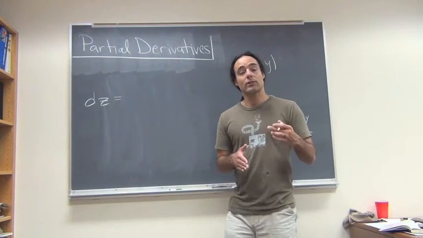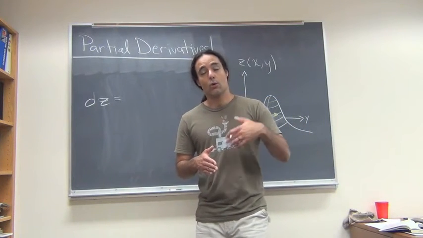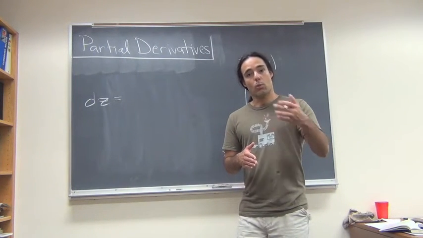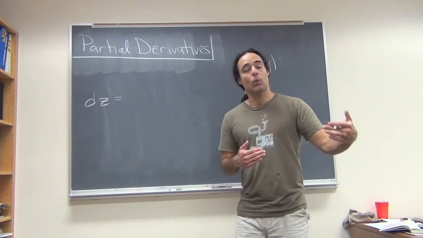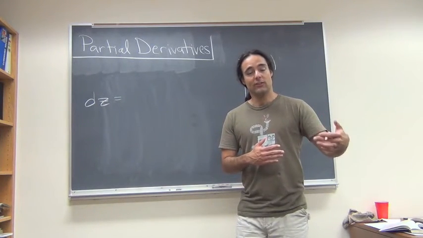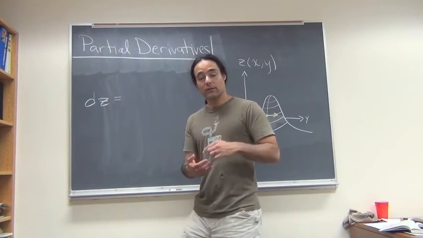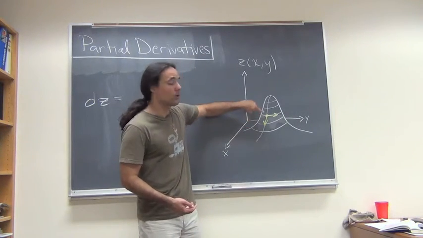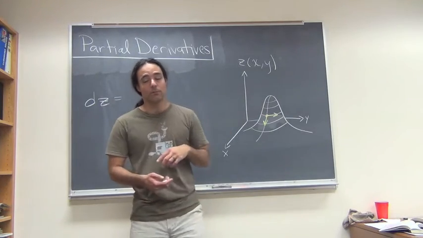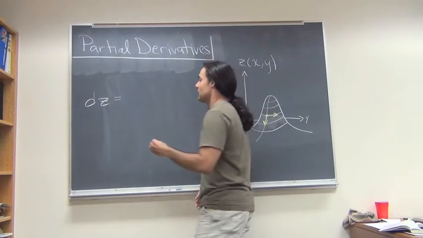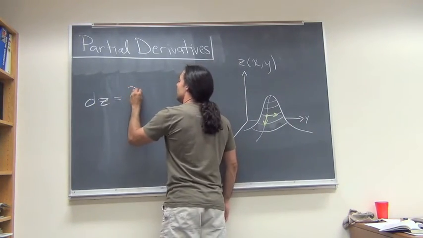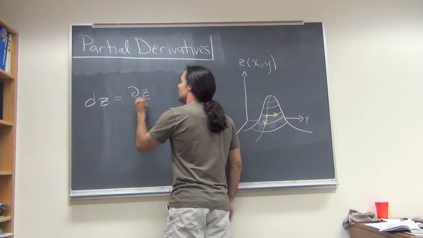Well, that's a particular type of derivative that we're taking here. We're holding y constant while we look at the change in z due to a change in x. When we do that, that's called a partial derivative. It's going to give me the slope along the x direction. The way we write that is ∂z/∂x.